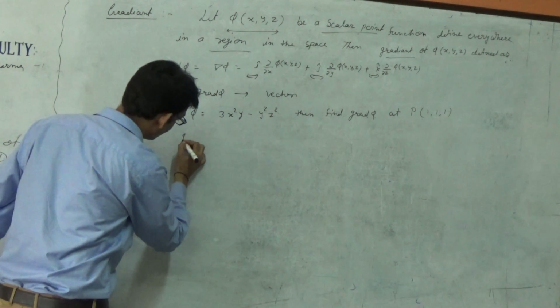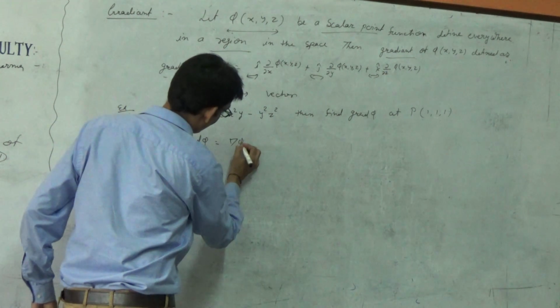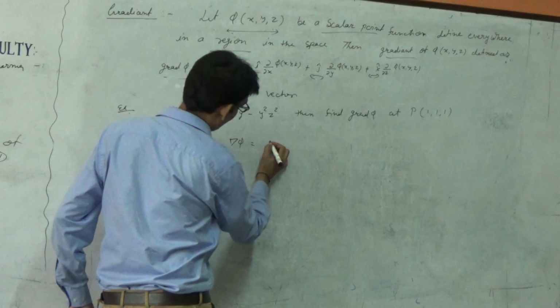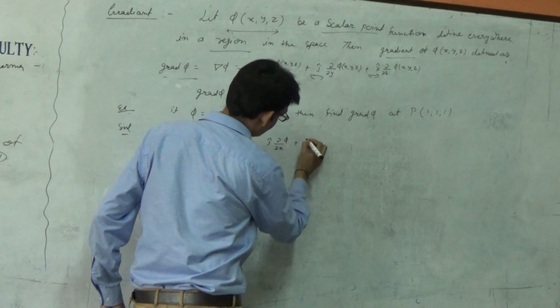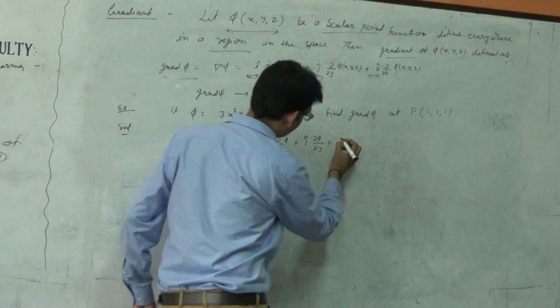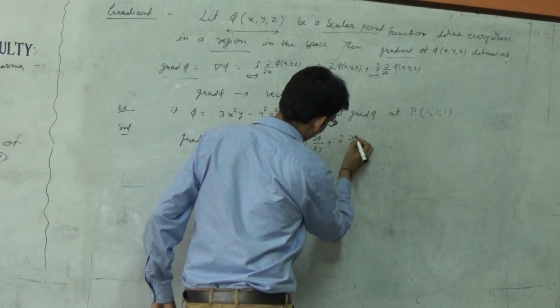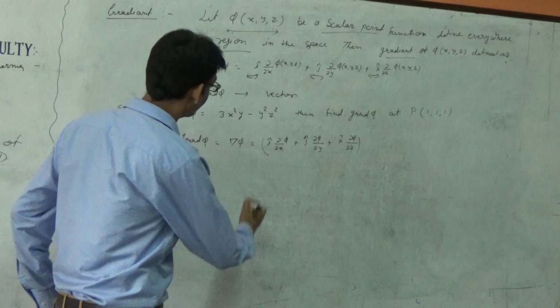Grad phi is equal to i del phi upon del x plus j del phi upon del y plus k del phi upon del z.